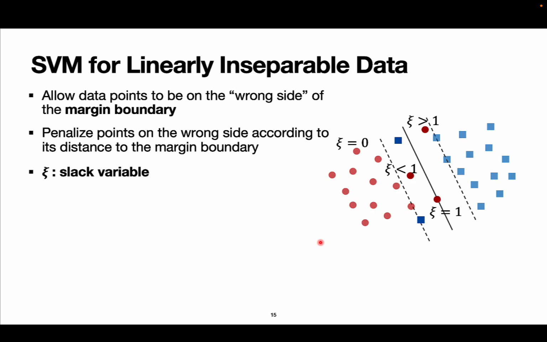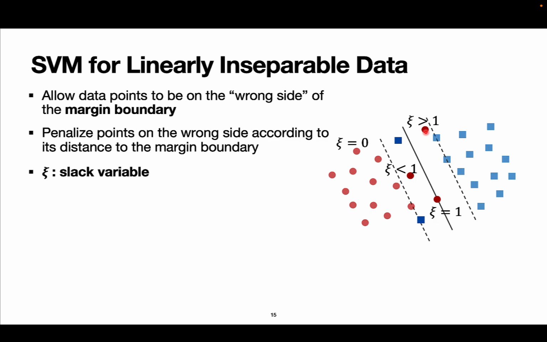Now let's move to the general case when the data are not perfectly separable. If you look at this example, we still have the same data set, but notice there are a few red points and blue points that crossed into the margin region where they're not supposed to be.